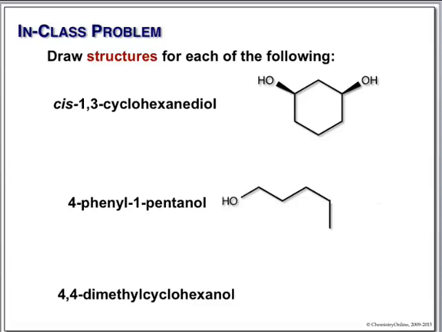Finally, we go out to carbon number 4, so that's 1, 2, 3, 4, and let's put a phenyl group. You could draw the phenyl group this way as a cyclohexatriene, that's fine, or you could do the shortcut and just put a circle in the middle instead of the double bonds. Again, that's Chapter 14.